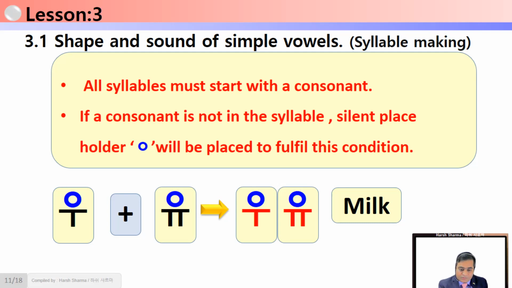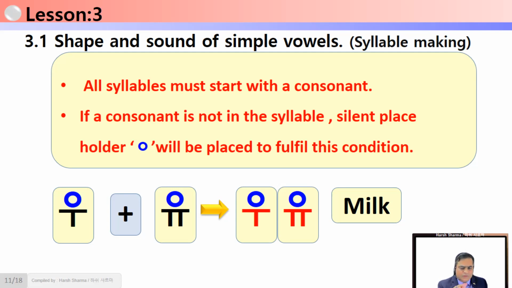So how can we make the word when the rule is this? If there is no consonant in any syllable, this blue color circle on your screen will act as a silent placeholder, meaning a silent consonant, to fulfill the condition.